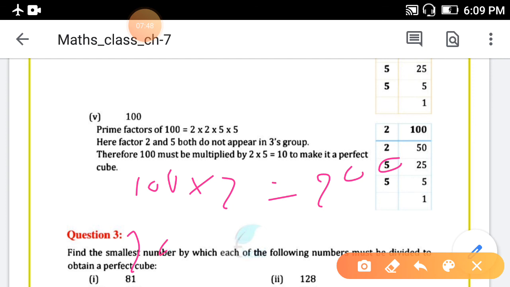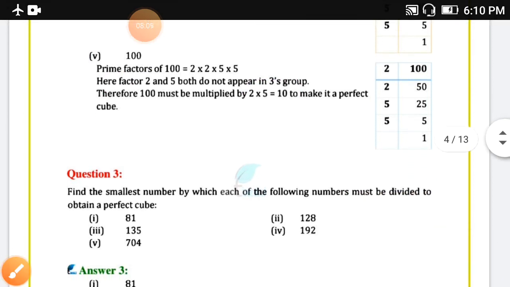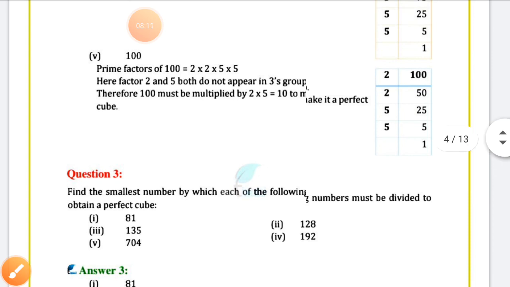Next 200 into 5, so you will get 1000. So instead of multiplying 2 times, directly you can multiply whatever missing factors are there. First you multiply them internally. So 2 5s are 10, and then you multiply with the given number. So 100 must be multiplied by 10 to make it a perfect cube.